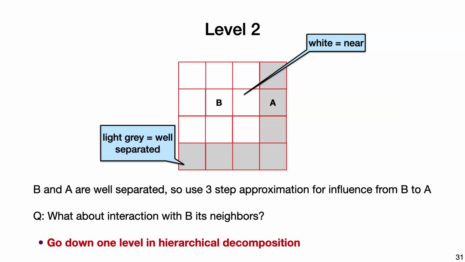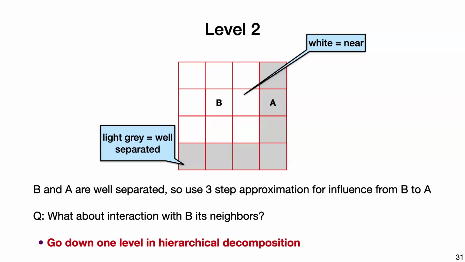These light gray boxes are well separated from B, so we can use this far approximation. Here we are computing the effect of B on A, where A is concretely that box, but it's true for all those light gray boxes. So we just compute the far approximation for every single one of those light gray boxes. Okay, great. But we're missing what happened in these white boxes.